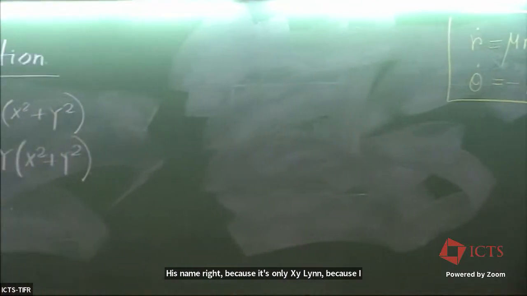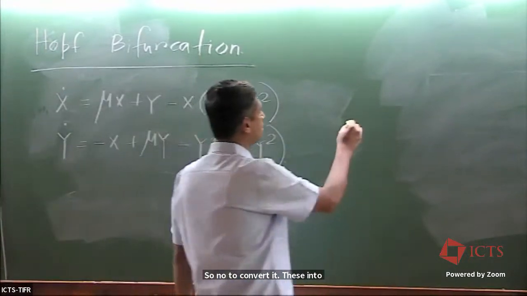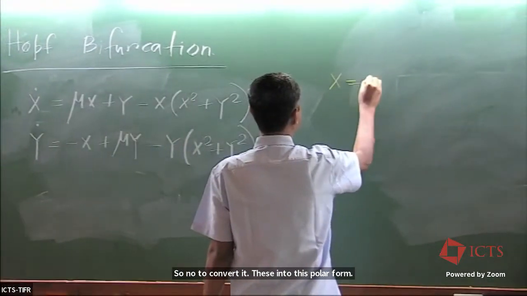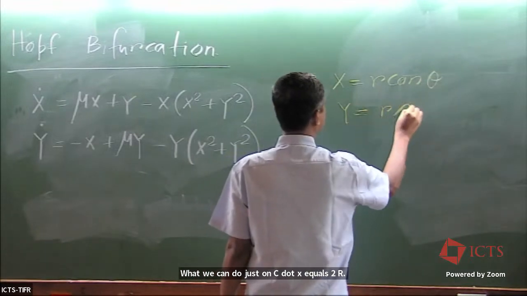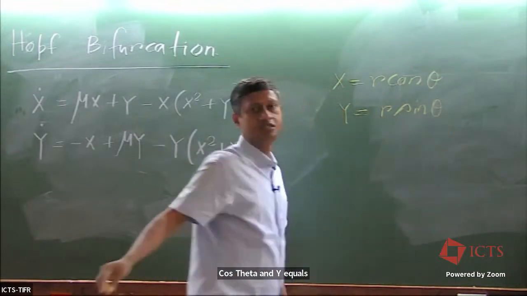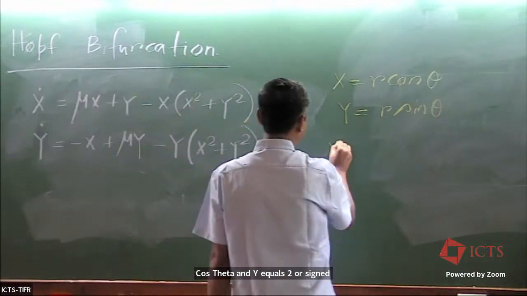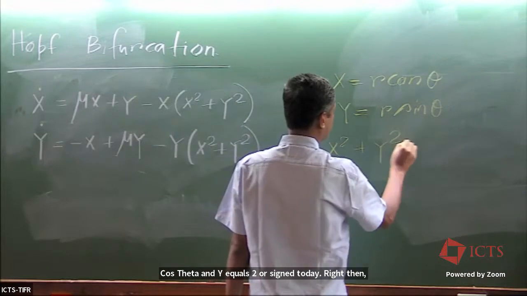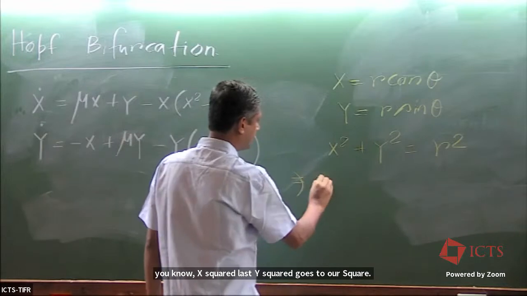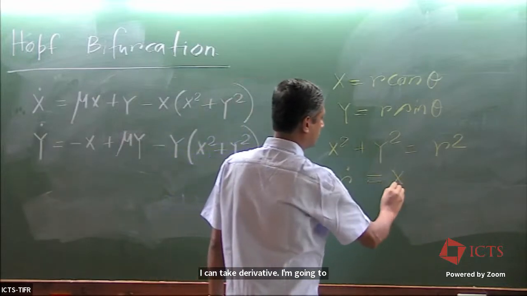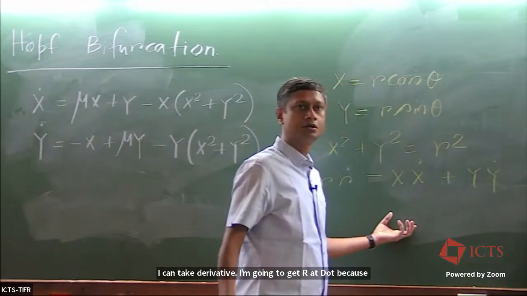So now to convert this into this polar form, what we can do, just consider x equals to r cos theta and y equals to r sin theta, right? So then x square plus y square equals to r square. I can take derivative. I'm going to get r r dot equals to x x dot plus y y dot.